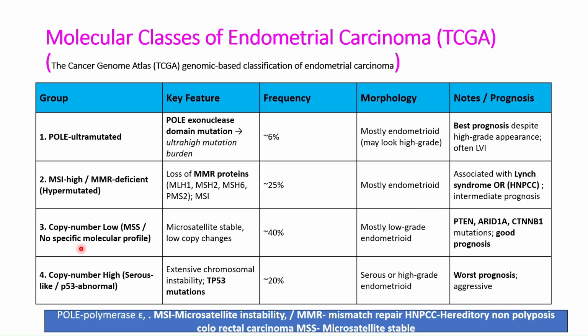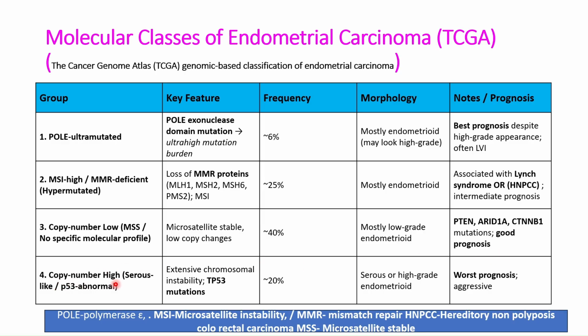The third group has microsatellite stability and low copy number changes. It is called the non-specific molecular group, which is 40%, mostly low-grade endometrioid type, and the associated mutations are PTEN, ARID1A, CTNNB1, and it has a good prognosis.